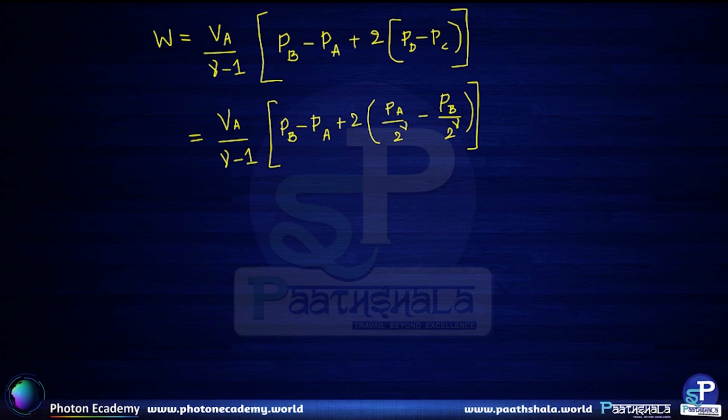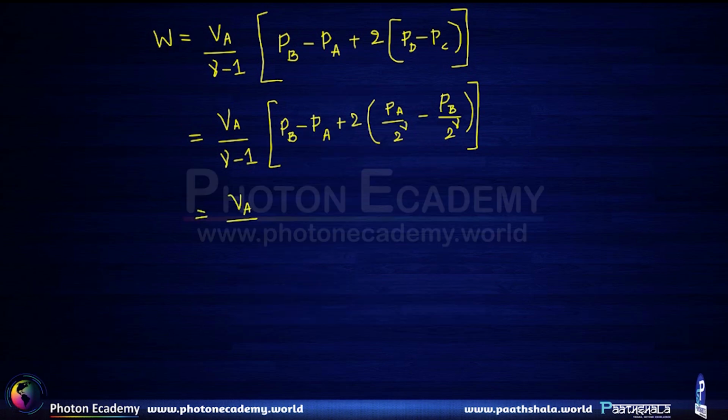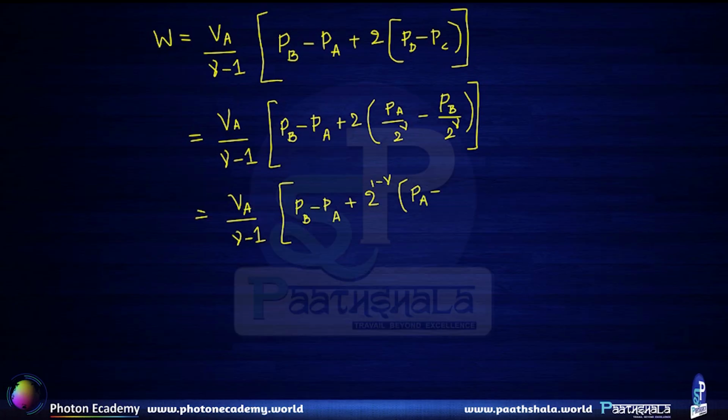So from this we write Va by gamma minus 1 into Pb minus Pa plus 2 power 1 minus gamma into Pa minus Pb.